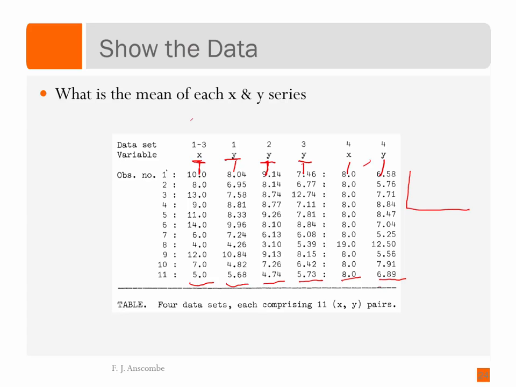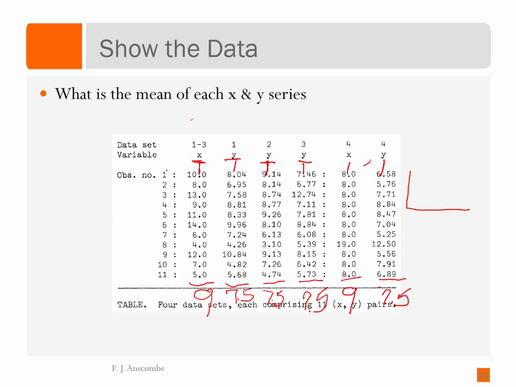for this series here, we have a mean of 9. We also have a mean of 9. So for all 1, 2, 3, and 4 x's, we have a mean of 9. And then for the y's, each of these, 7.5, and 7.5 for the rest.